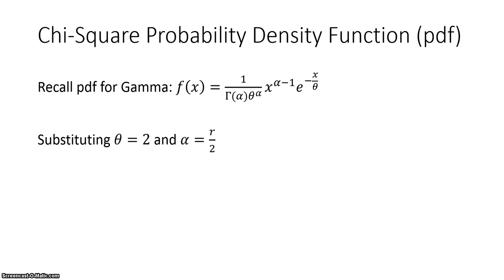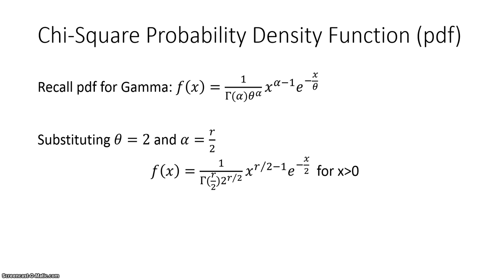Now, when we substitute theta equals 2 and alpha equals r over 2, remember r degrees of freedom, then we get that f of x for the chi-square distribution is 1 over gamma of r over 2 times 2 to the r over 2 times x to the r over 2 minus 1 times e to the minus x over 2 for values of x greater than 0.